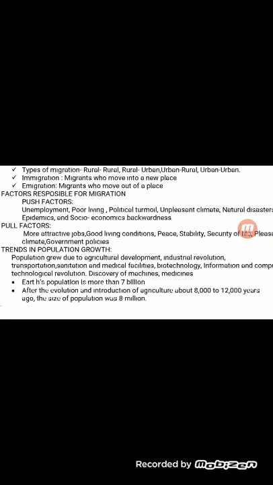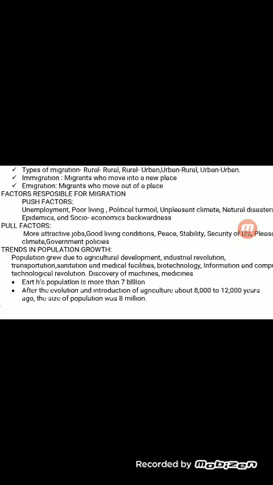Now, pull factors always provide some incentive or some attraction to the people, and we see a large scale influx of people from outside areas. Some of the pull factors include more attractive job opportunities, which is always one of the important factors for immigration.